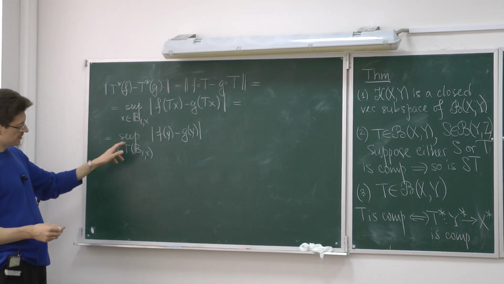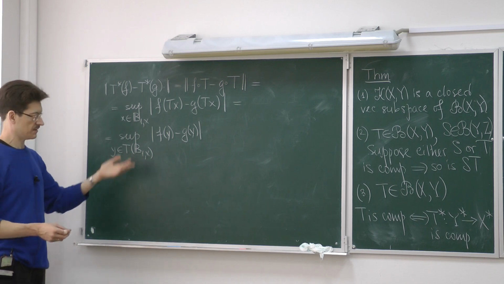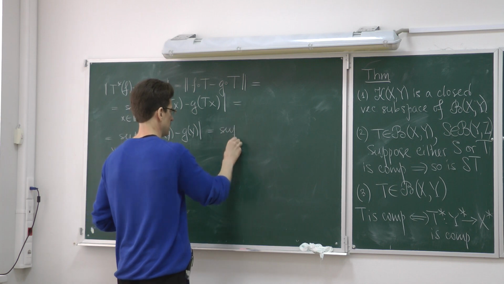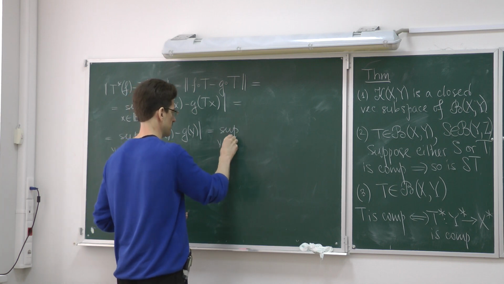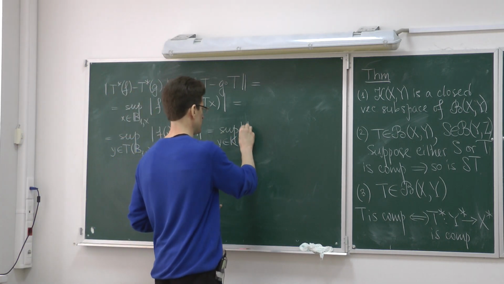And if we now take here the closure of the set, the supremum will be the same for continuity reasons. So in other words, this is the supremum over K, where K is the closure of this set, of f of y minus g of y.